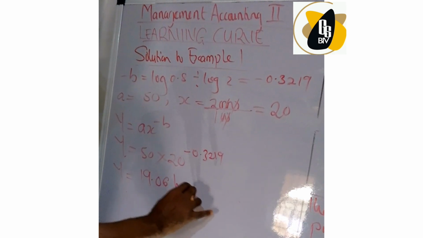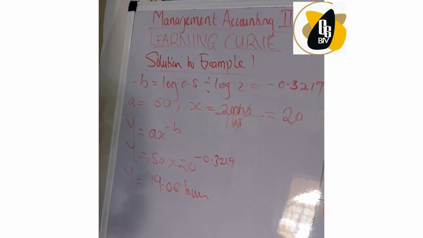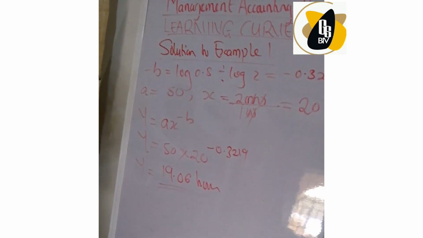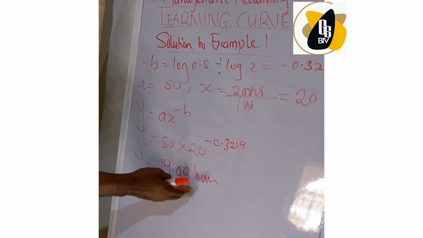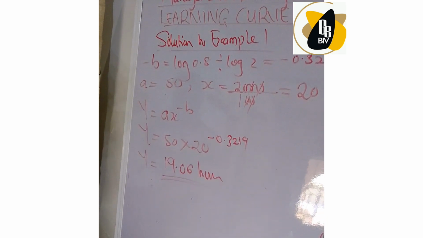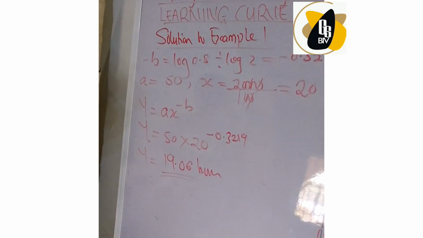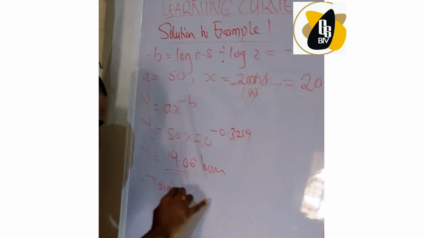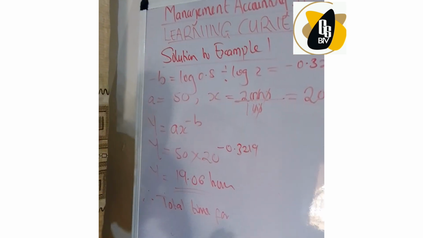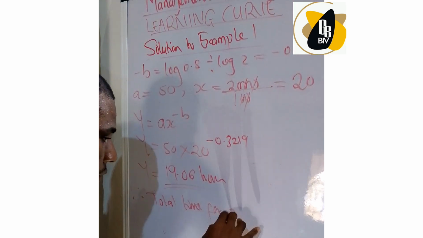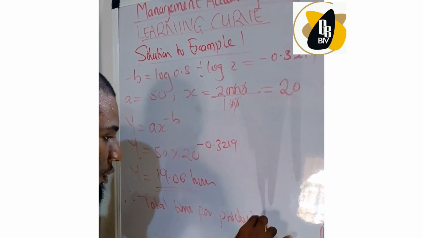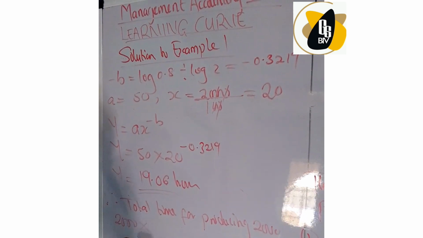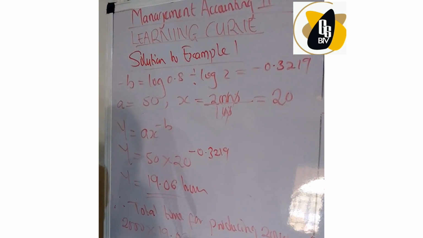So in this 19.06 hours, the total time for producing 2000 units is this 19.06 hours times 2000 units. Right? We are now going to say, therefore, total time for producing 2000 units is equal to 2000 times 19.06 hours.